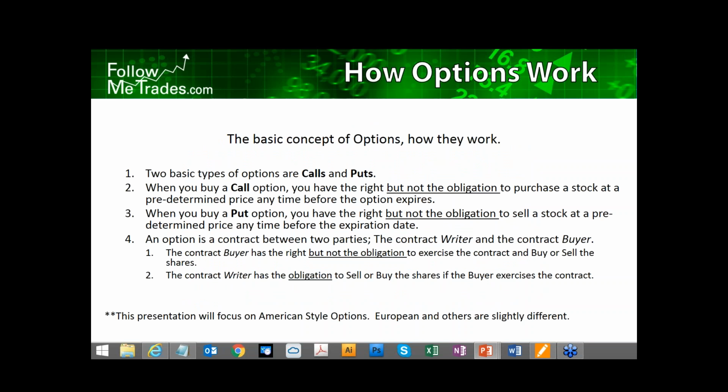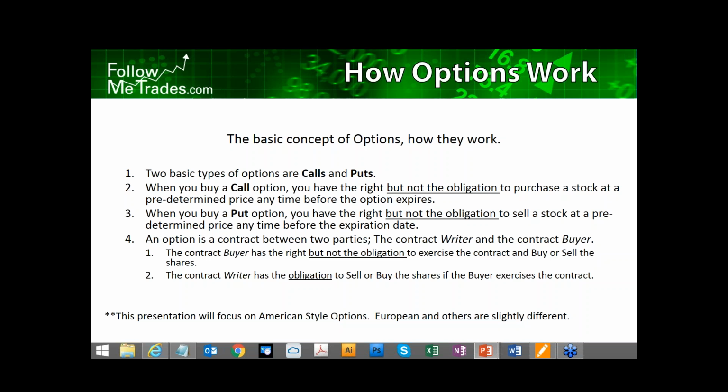You're buying the right, but not the obligation to purchase stock at a predetermined price at any time before the option expires. And if you're more graphic than you are verbal or text, I'm going to have a little more graphic thing coming up here. Okay, but when you buy a put option, you have the right, again, underline, not the obligation to sell a stock at a predetermined price before the expiration date.